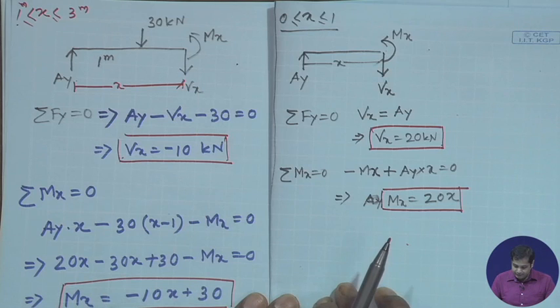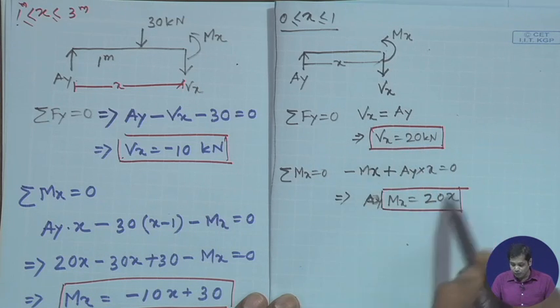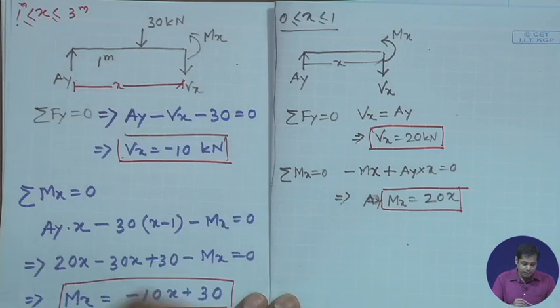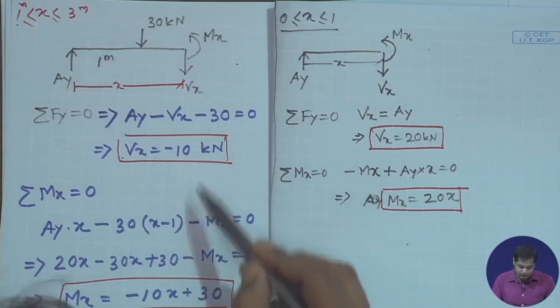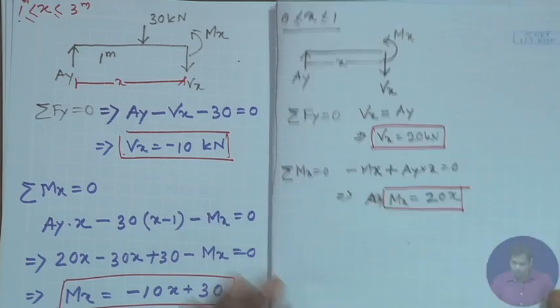So your distribution of shear force and bending moment between 0 to 1 is as per these equations, and the distribution of bending moment and shear force between 1 to 3 meter is as per this equation. So, let us draw the bending moment and shear force.